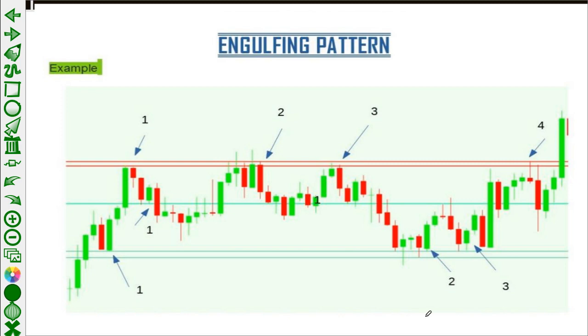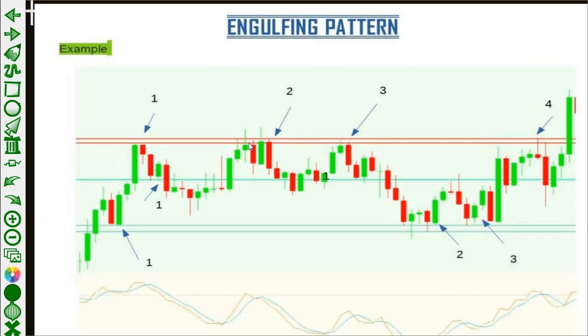And in the next slide, I want to show you the stochastic also. The setting for stochastics is 13-3-3. The stochastic also plays a very important role while selecting any trade.